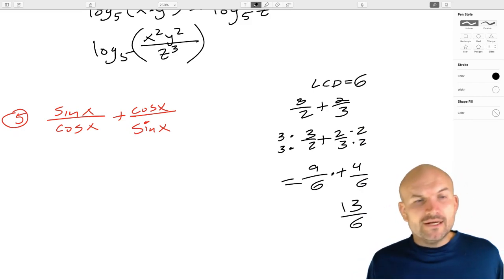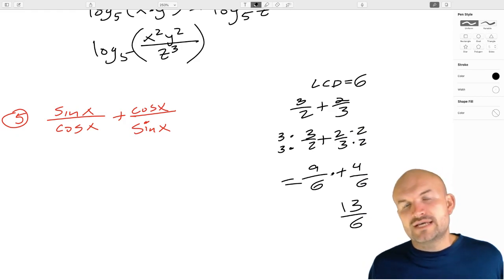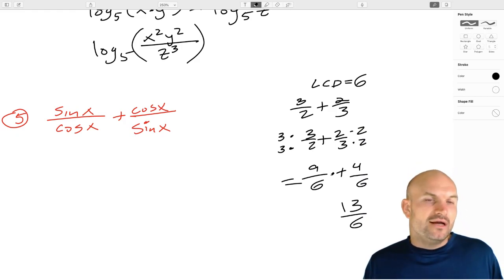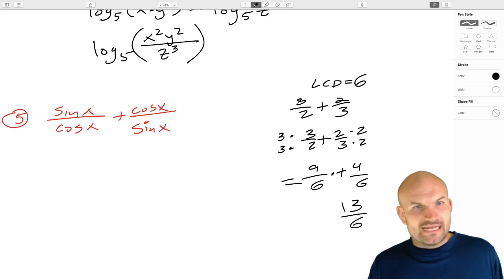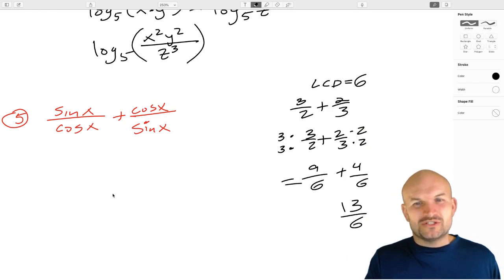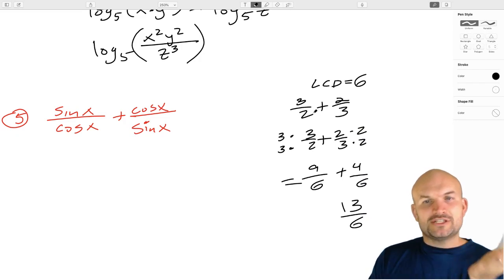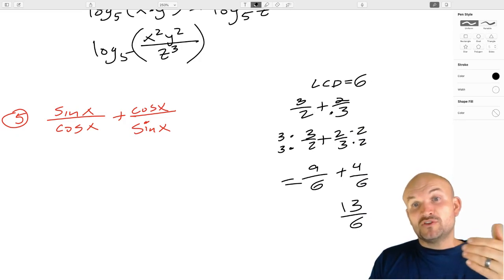Now, over here, we can see we have something that is not as familiar. We have sine over cosine and cosine over sine. So they're not common denominators. How does sine divide into cosine, and cosine into sine? It's not as easy to intuitively understand as 2 and 3 dividing into 6. From here, we know that 2 and 3 divide into 6. We know that 2 and 3 both divide into 12, right?